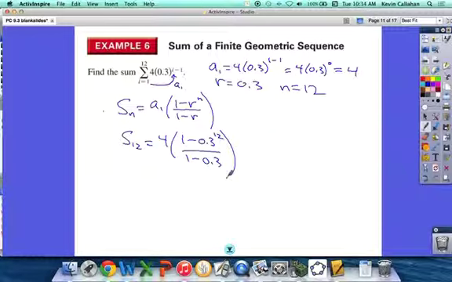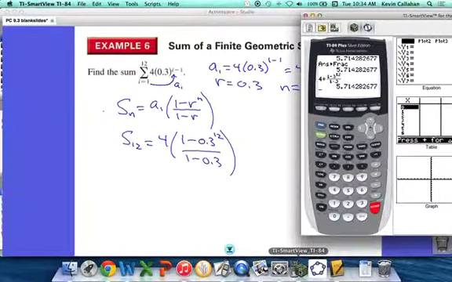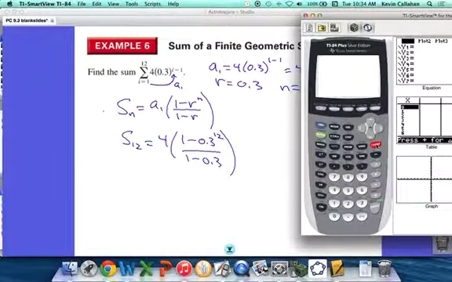A lot of times you'll get it set up like that, but then somehow you're going to mess up the math when you do it in the calculator, assuming you do it in the calculator. So just make sure you put it in there correctly. I'm putting in the 4, and now I've got to put in this here.